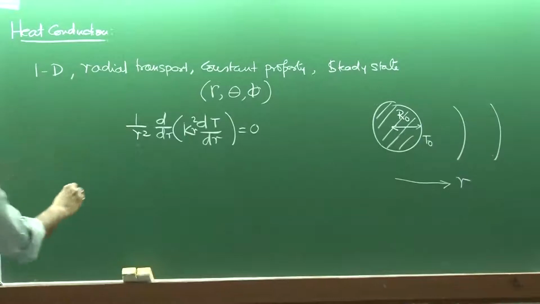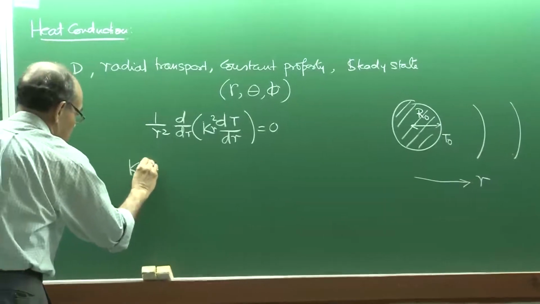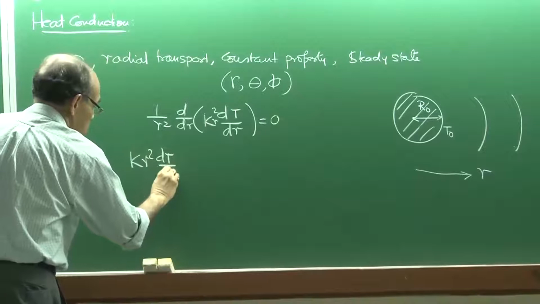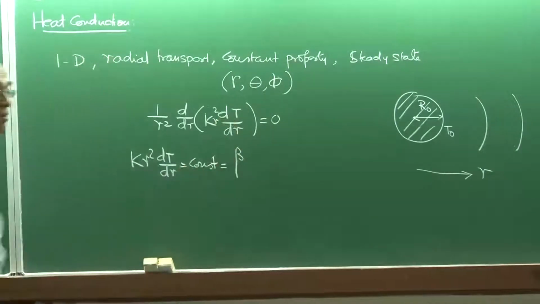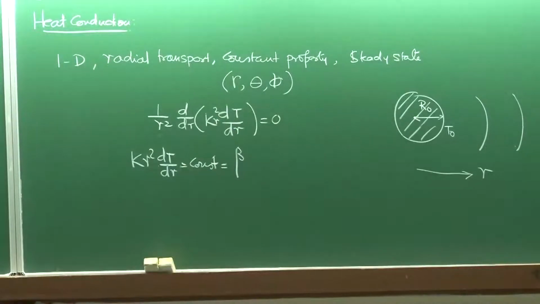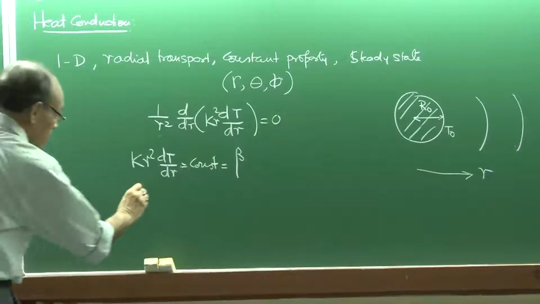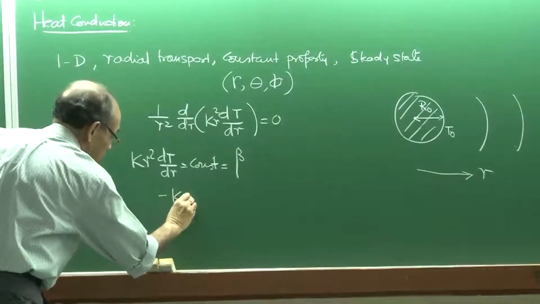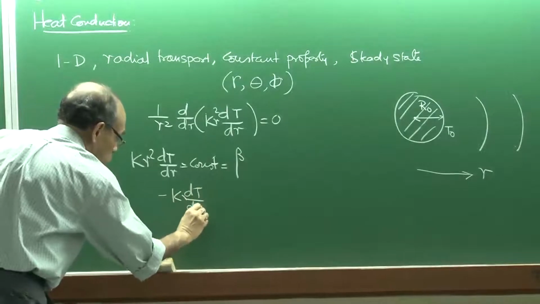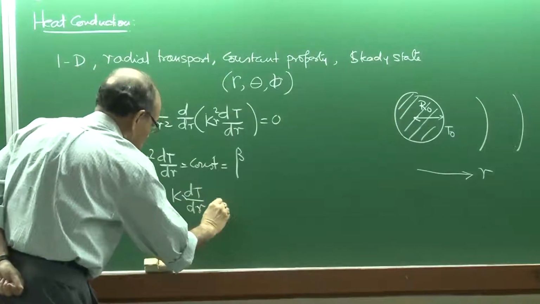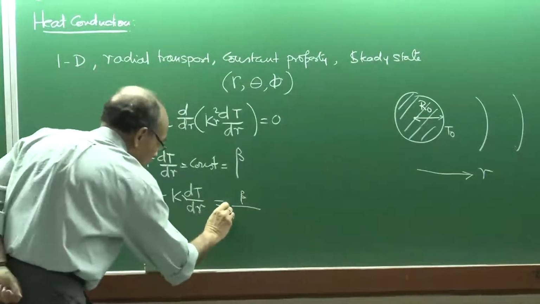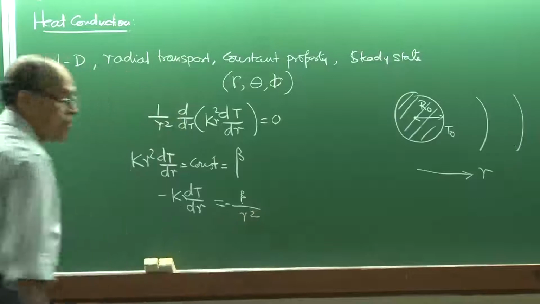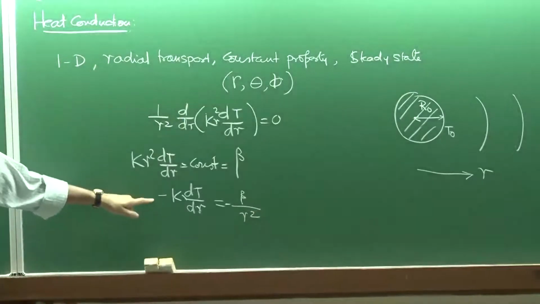Now, this equation will in one go show us that k r square, this is constant, and our favorable nomenclature is constant is represented by beta, and what we see here is that minus k dT/dr, which is equal to minus beta divided by r square, and this is the heat flux at any point.